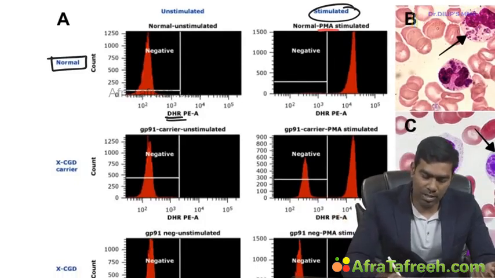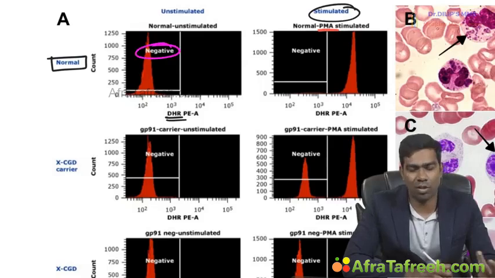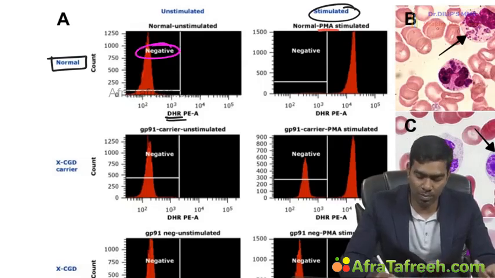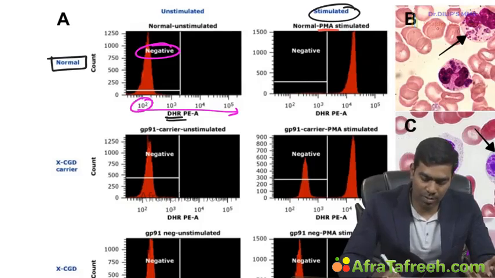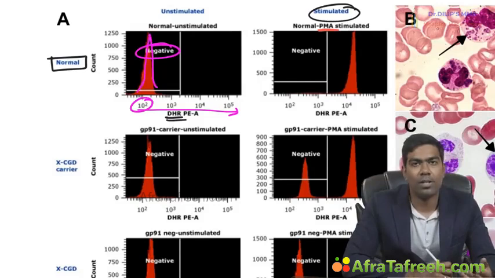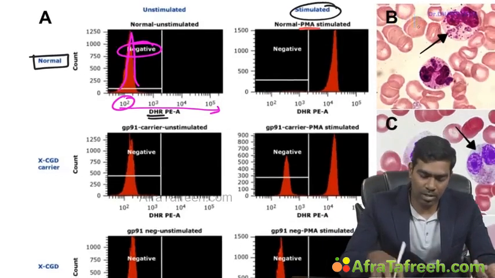Obviously you can see the reports are typically negative. You are not seeing DHR fluorescence at all. So remember, this is the increasing amount of DHR fluorescence that you see. Here you see very little DHR fluorescence. It's a single peak. So that is negative in unstimulated patients.